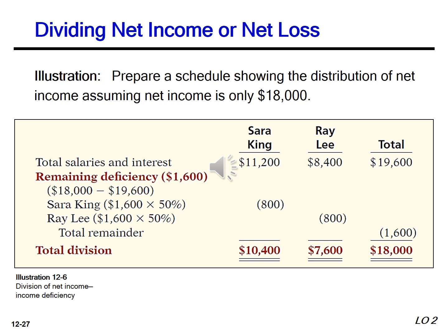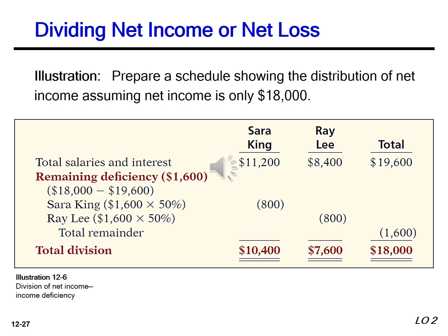So the 1,600 is going to be divided between the two, and each of them needs to contribute an extra 800 to the business to cover the deficiency.